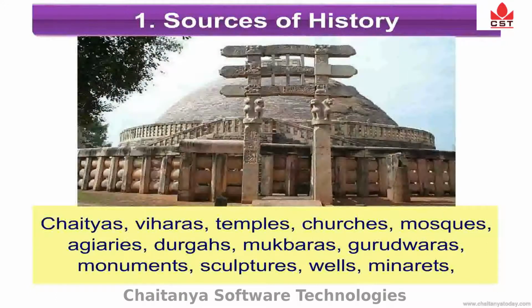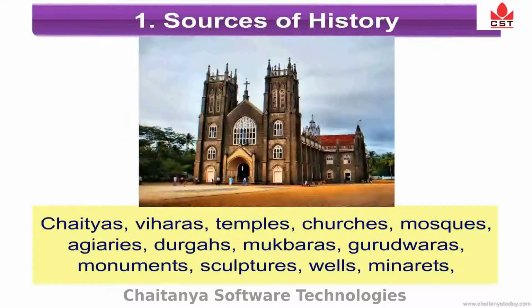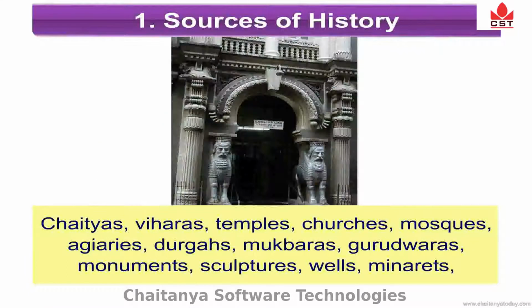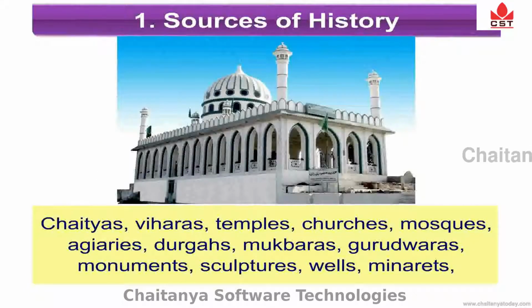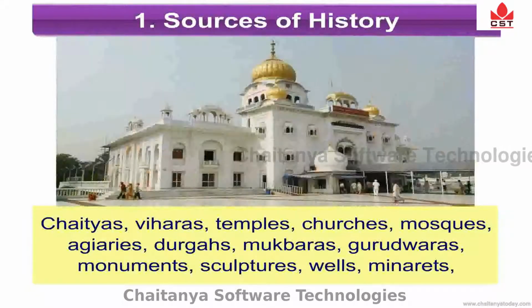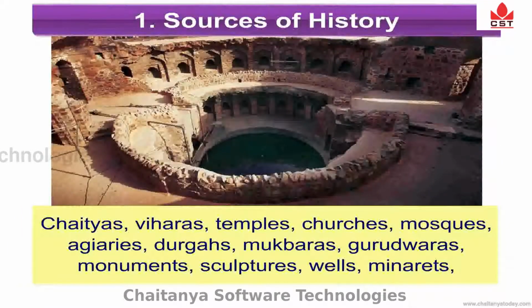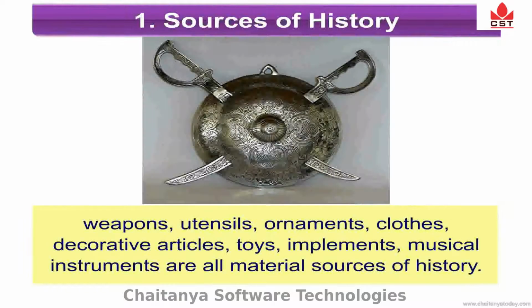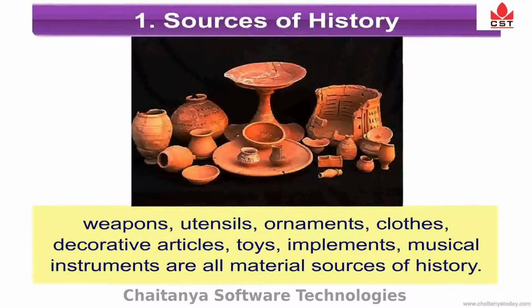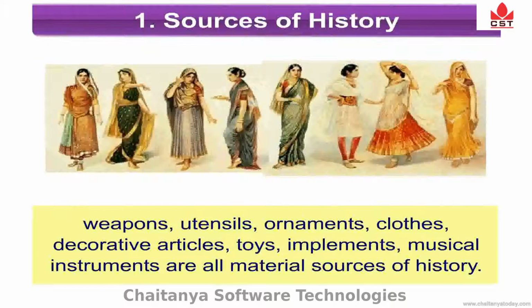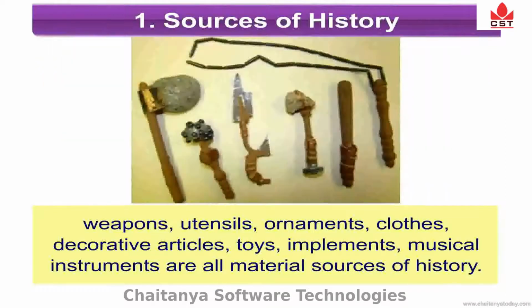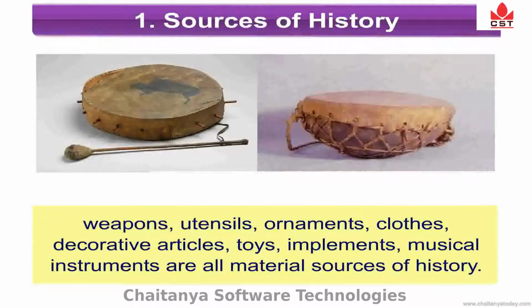Chaityas, viharas, temples, churches, mosques, agyaris, dargahs, mukbaras, gurudwaras, sculptures, wells, minarets, weapons, utensils, ornaments, clothes, toys, implements, musical instruments are all material sources of history.